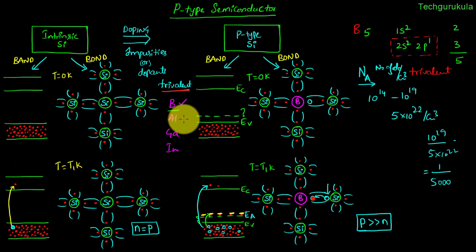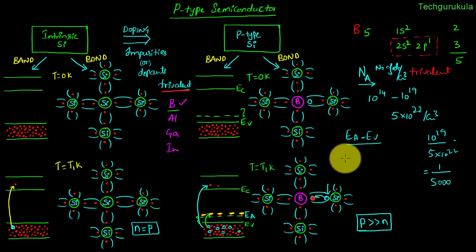What if we added other elements like aluminum, gallium or indium to form this p-type semiconductor? In that case, the only difference would be the energy level EA introduced in the energy band gap. So we can call this the EA minus EV energy level. This value would be different for different doping that we do.